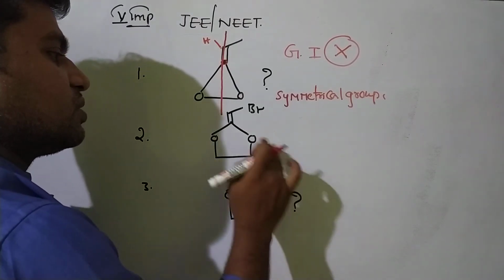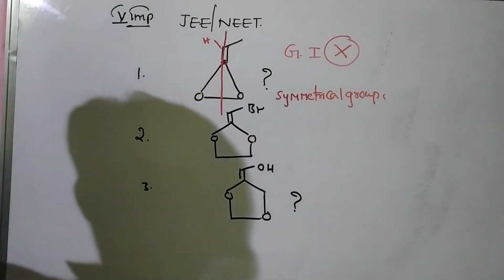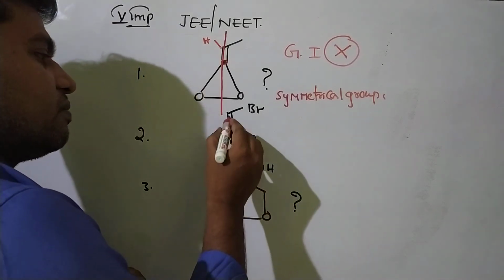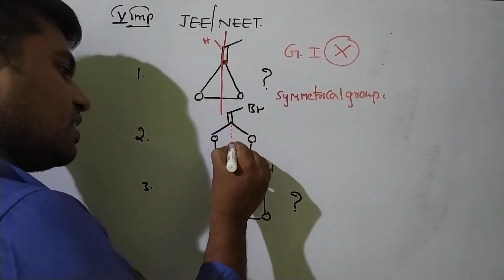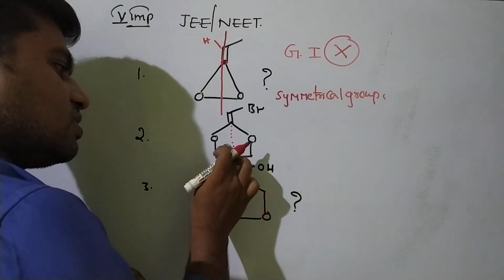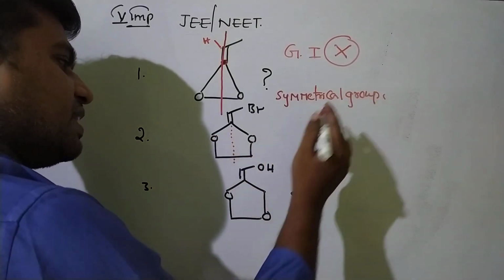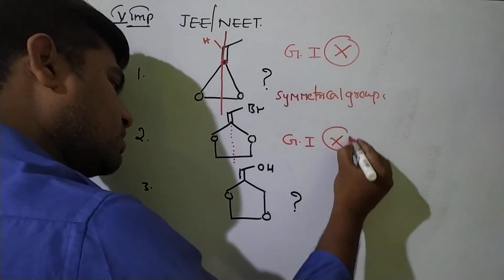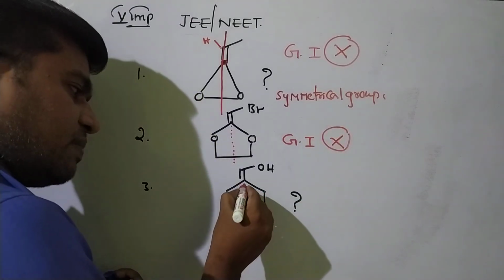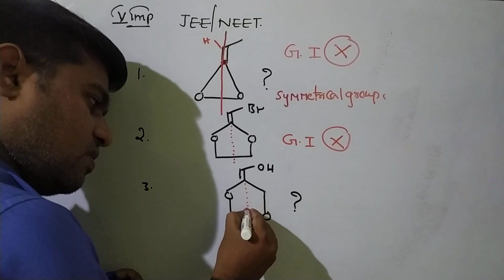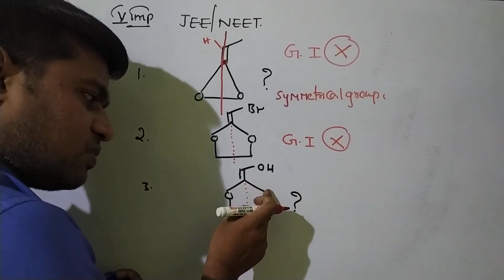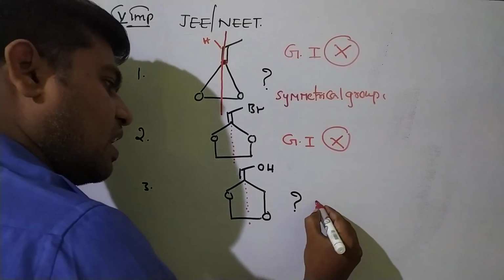Now what about this molecule? When we bifurcate this molecule like this, same parts. Here also symmetrical groups. It also doesn't show geometrical isomerism. Now come to this one. When we bifurcate this molecule, unequal parts: here oxygen, here CH2, which means different groups.